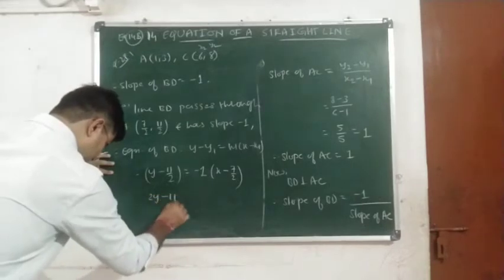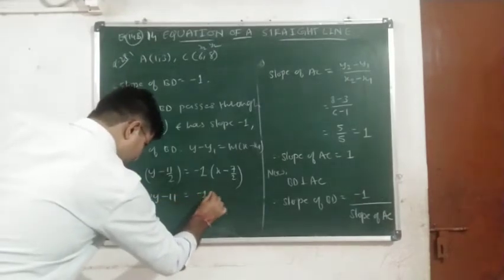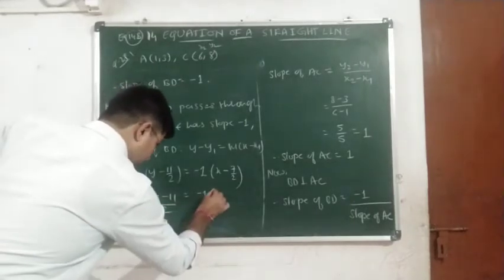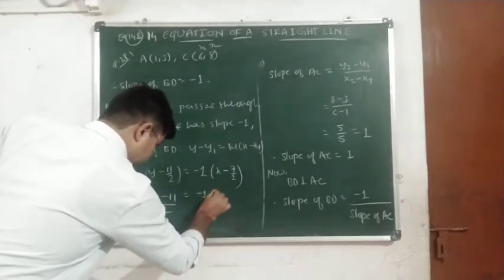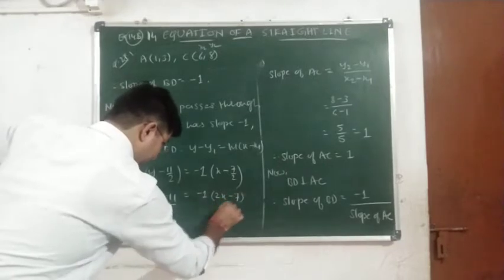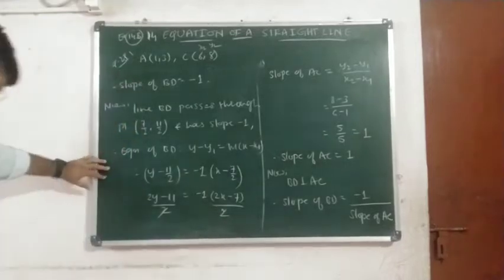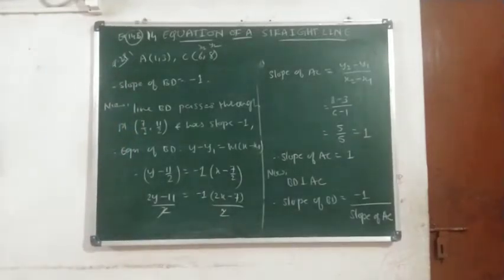Therefore 2y minus 11 equal to -1 into x minus 7 upon 2, so this 2 will get cancelled.